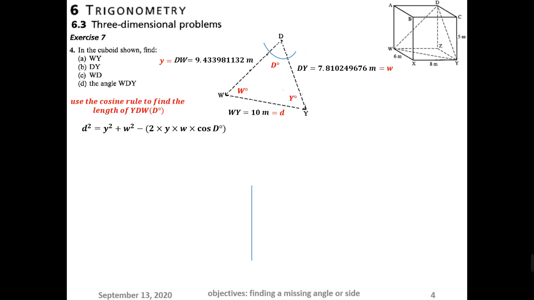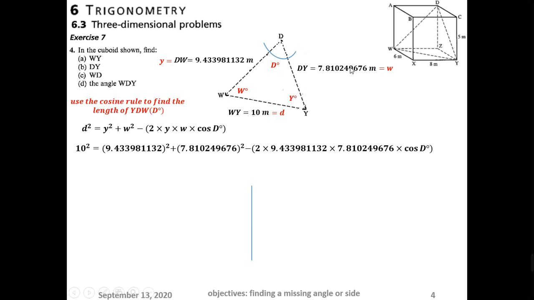Okay, so let's substitute here now. D is 10. 10 to the power of 2 is equal to, Y is equal to 9.43. So all to the power of 2 plus W is equal to 7.81, all to the power of 2 minus, in brackets, 2 times, again, Y is 9.43 times W is 7.81 times cosine D, which is my unknown.